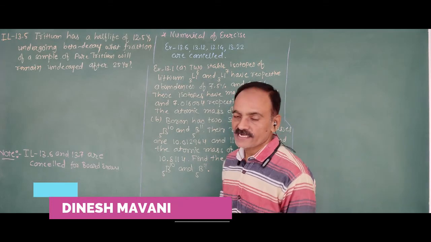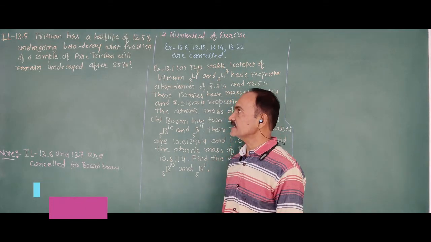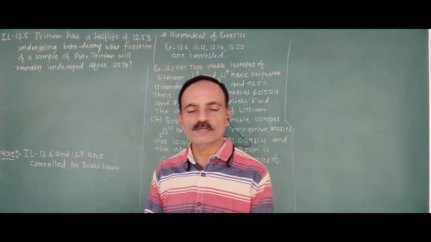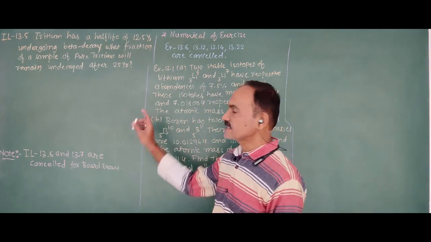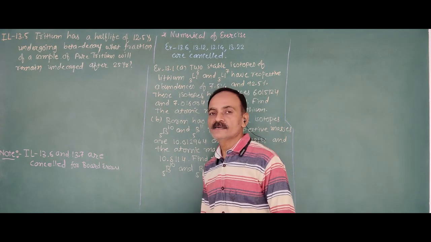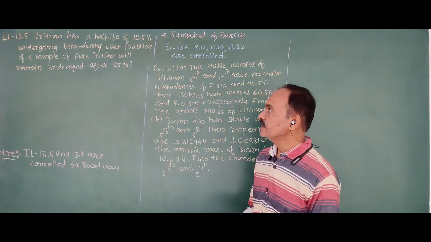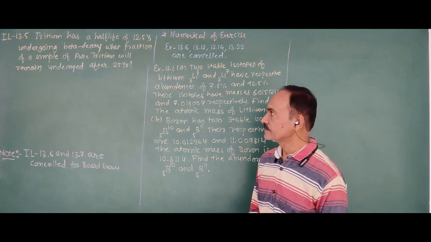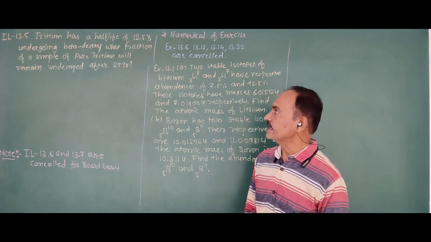Okay, now next numerical is of illustration 13.5, while 13.6 and 13.7 are cancelled for the board exam. Now there is the last numerical of illustration 13.5. The question is that tritium has a half-life of 12.5 years, undergoing beta decay.